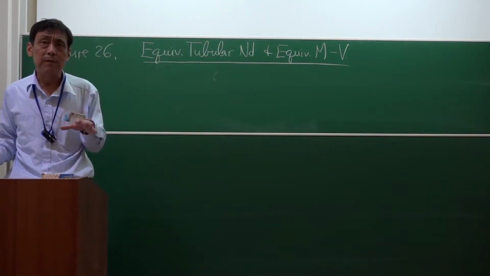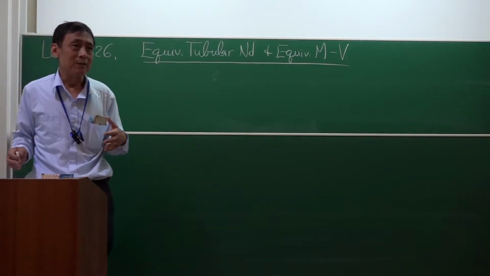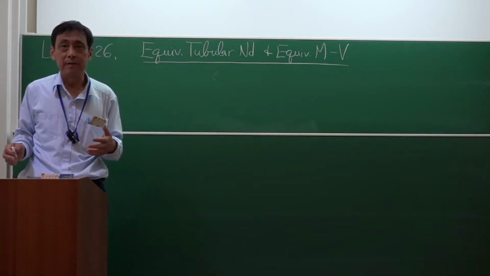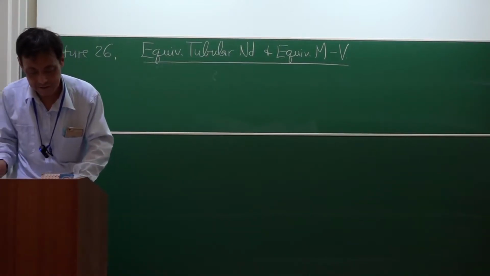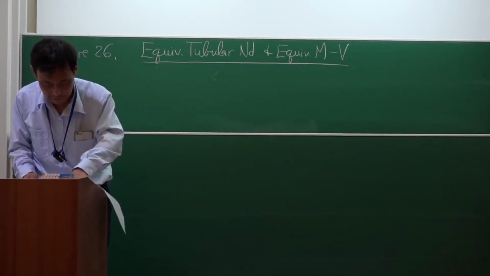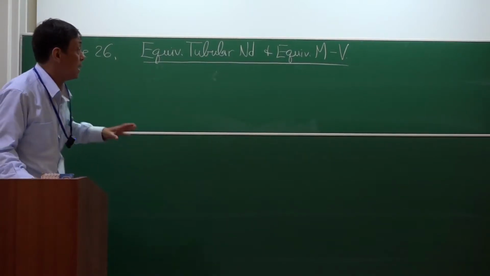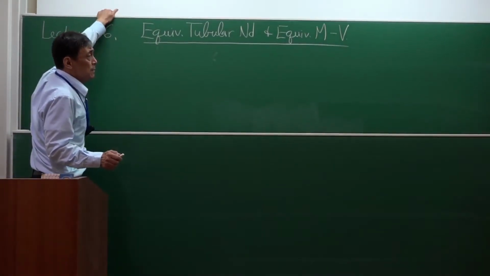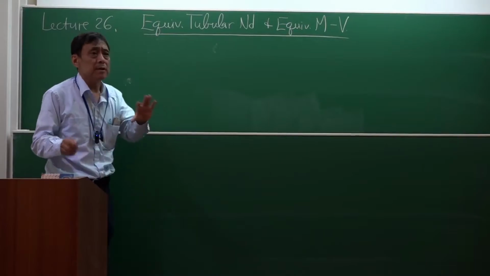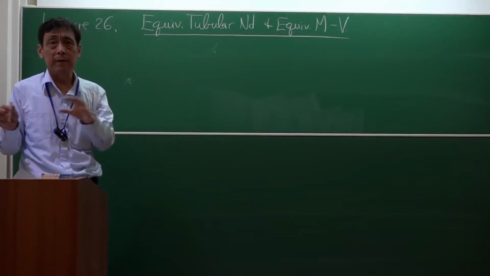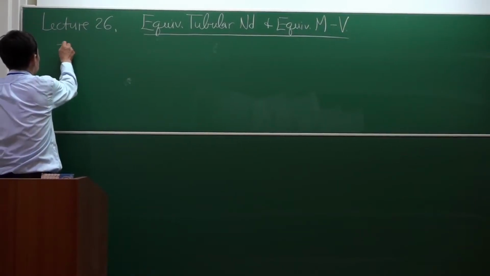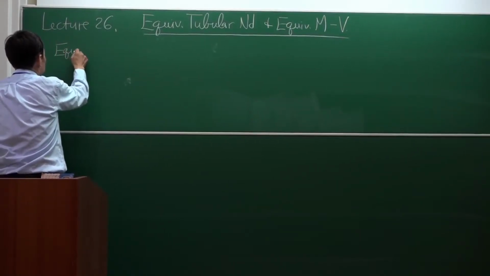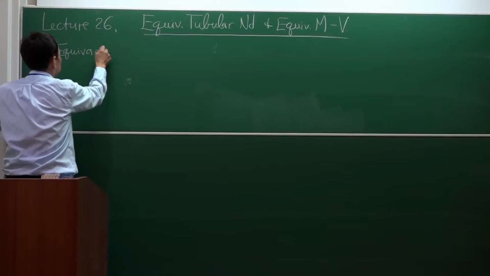These are both equivariant versions of standard theorems in differential geometry and differential topology. So we first need the equivariant analog of a vector bundle. Let me first define an equivariant vector bundle.